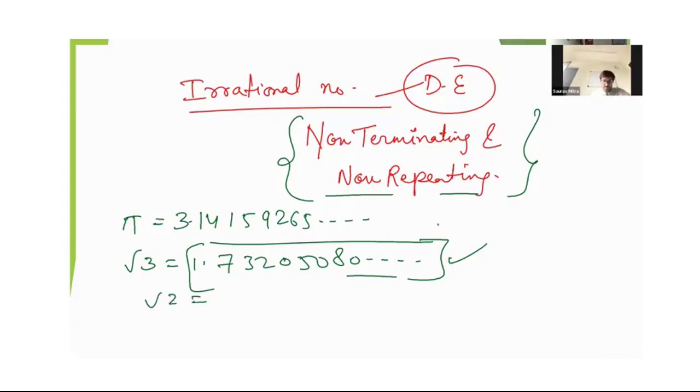Similarly, root 2 has the value 1.414213 and so on. After the decimal, it is non-repeating and non-terminating. So by decimal expansion, we can also identify whether a number is rational or irrational. So in both ways, we can identify.